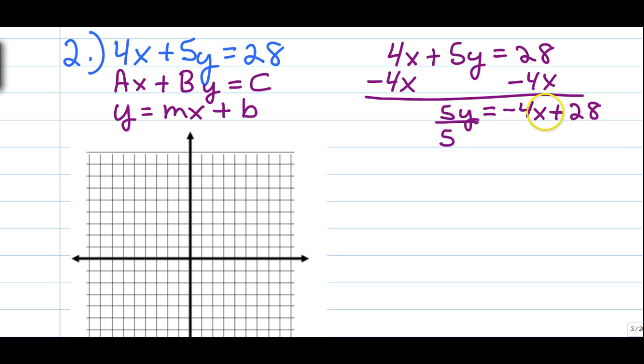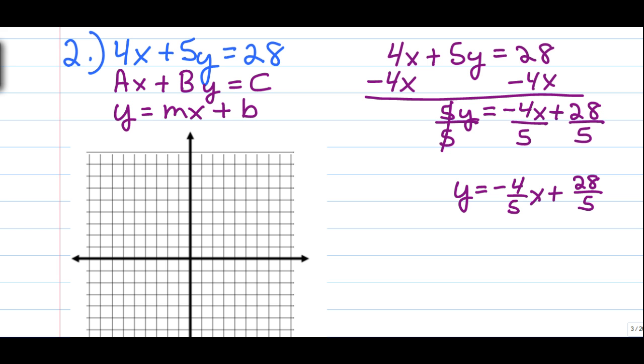It's multiplying the y currently, so we'll divide it out on the other side, making sure that it divides out through all the terms present. So this clears it on the left, leaving us with y equal to a negative 4/5 x plus 28 over 5.